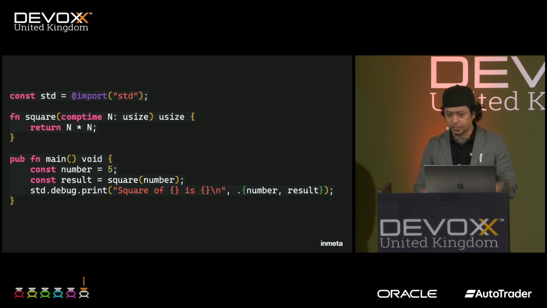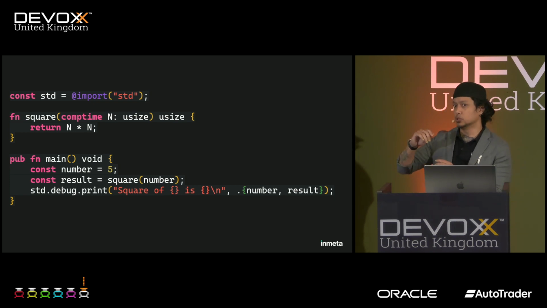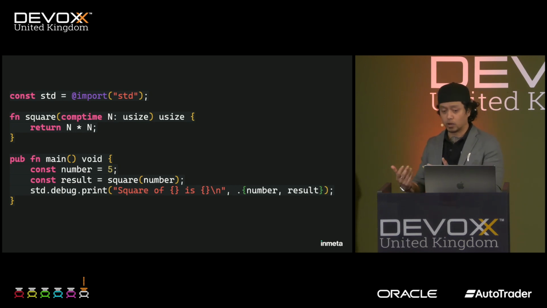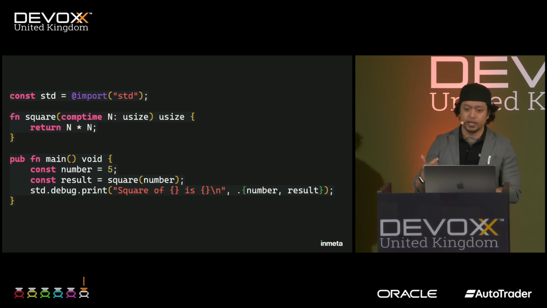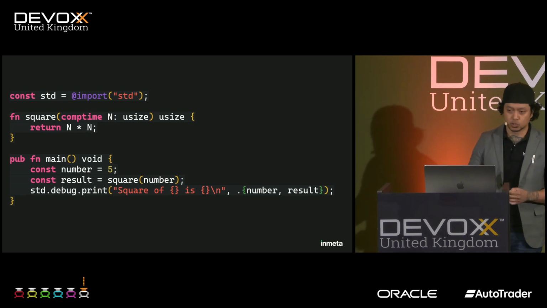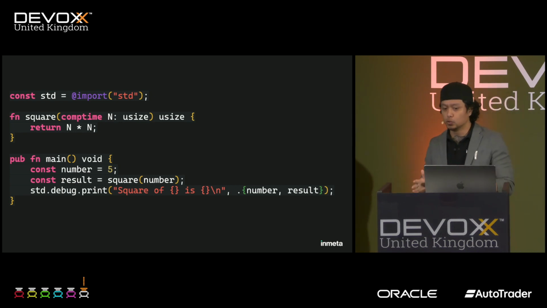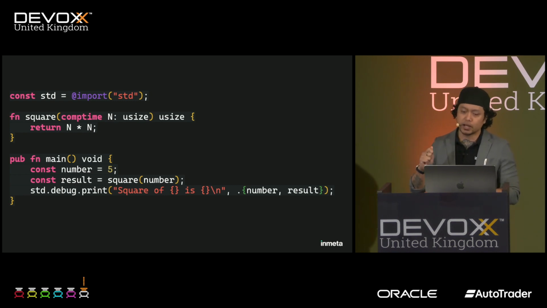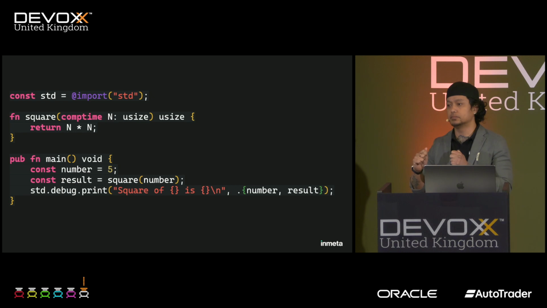Just to give you an example of how Zig looks, because normally someone would write a bundler using Rust, right? Because Rust is fast. And here's Zig. Let's say you want to create a function that calculates the square of a number, but instead of doing it while your program runs, you want it figured out before your program even starts, at compile time.